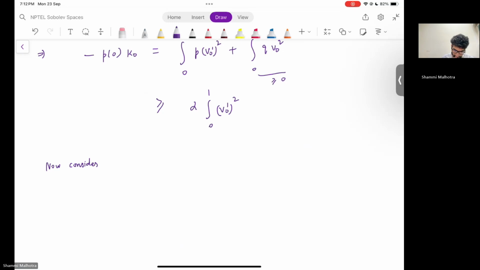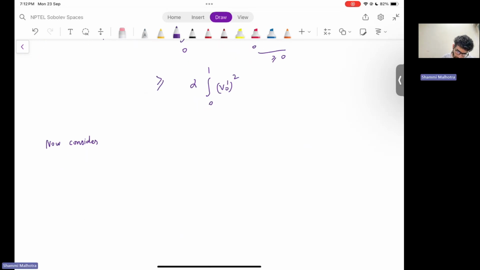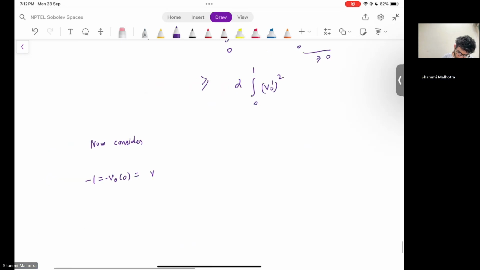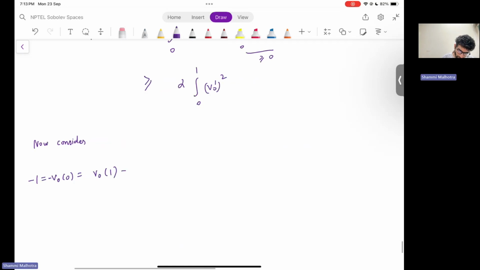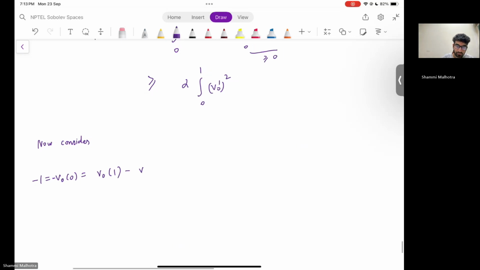Now consider this thing. We have v0(0) to be 1, and let me write this way: minus 1 is minus v0(0), and this is nothing but v0(1) minus v0(0), and this whole thing is nothing but integration from 0 to 1 of v0'(t) dt.